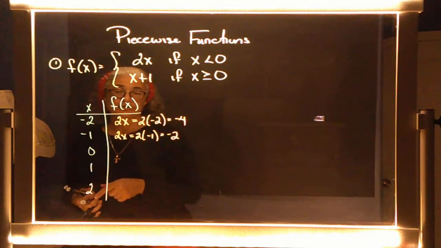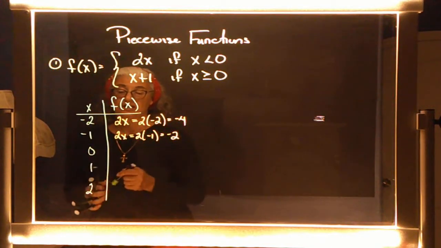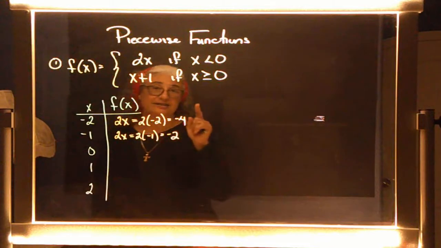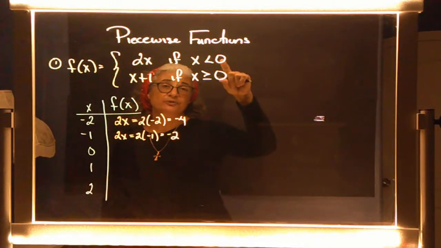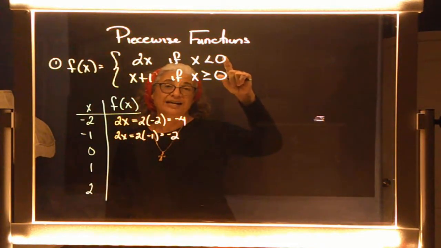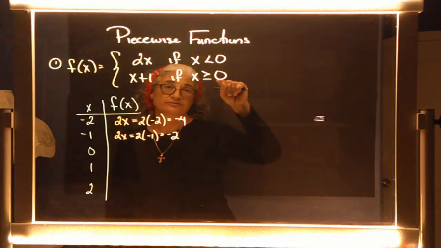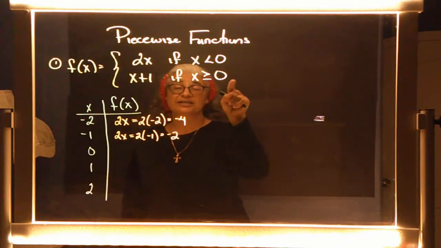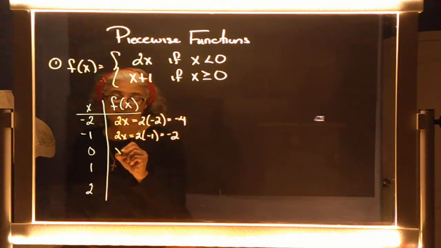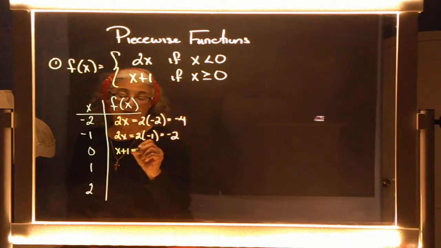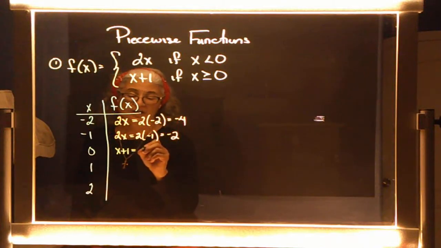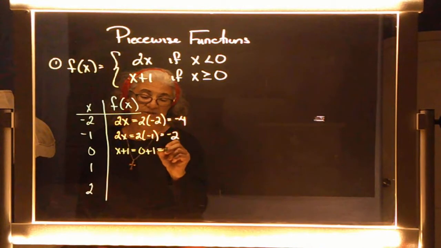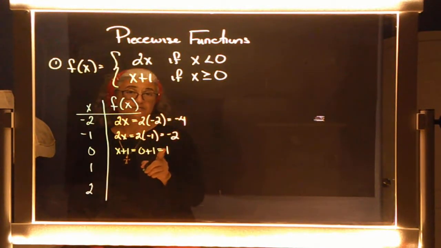The next number is 0. Now, x is equal to 0. According to these two restrictions, which restriction actually has x equal to 0? Yes, this piece does. The second piece has x equaling 0, which means in this case I would use the x plus 1 part of the function, which means 0 plus 1, which is 1. Good?